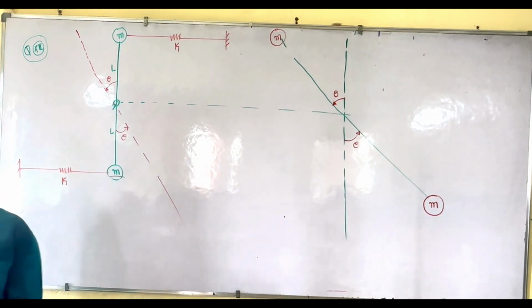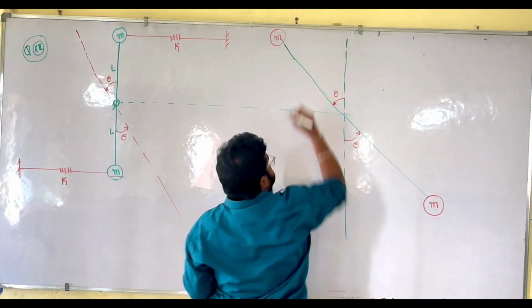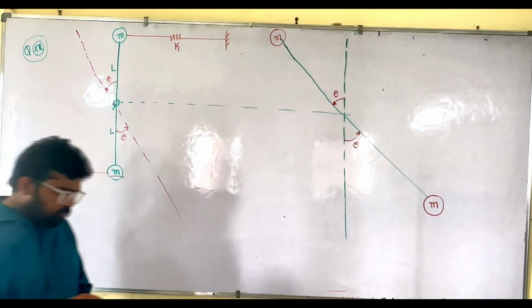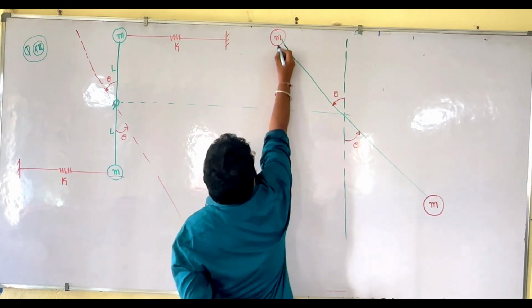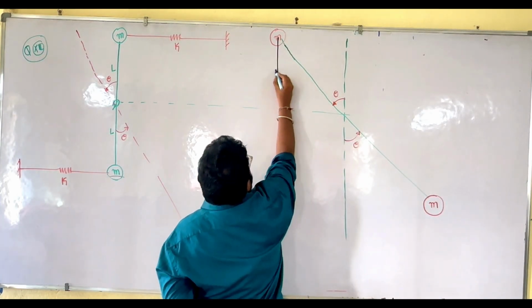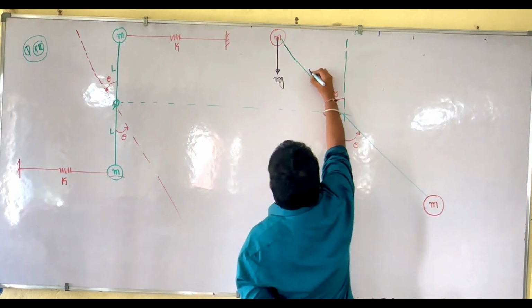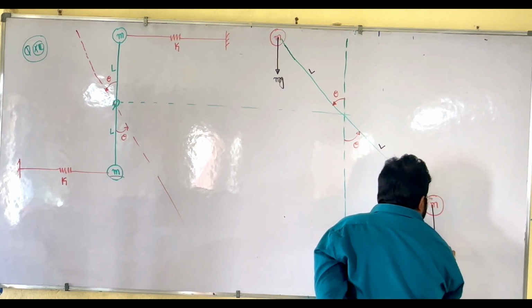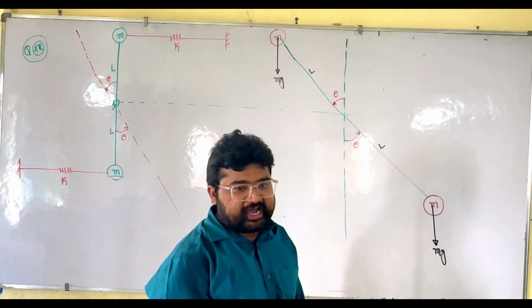The weight of the element mass always acts vertically downward. This length is L.